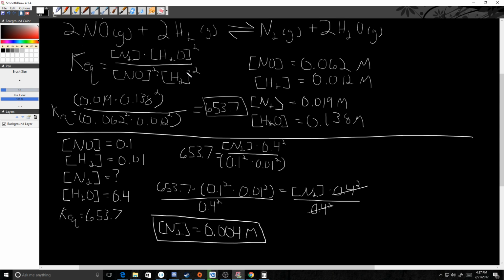The other thing is, once we know the equilibrium constant, we can actually calculate how much of these materials we're going to have, based on the concentrations of all but one of them. We can calculate the last one. The math is pretty easy. I know my explanation wasn't all that straightforward, but the math is pretty easy. You just got to plug some stuff in. This is the first, and I think only time we're going to have to worry about exponents too much in here. But that's how you do it.